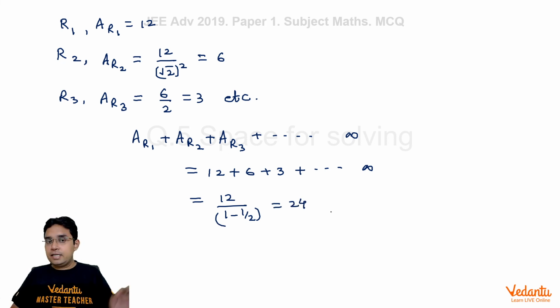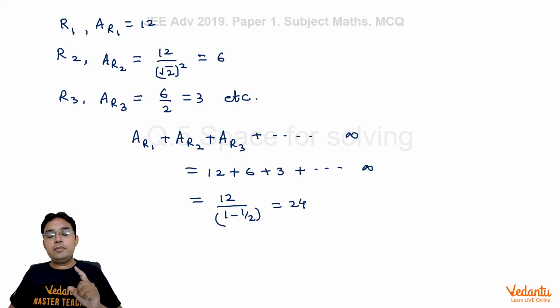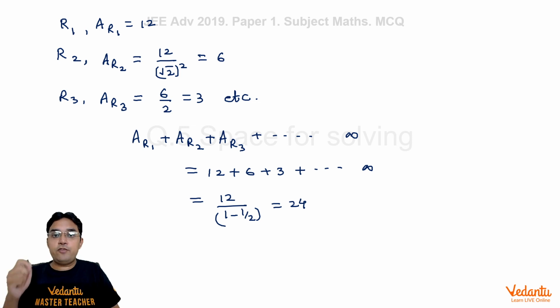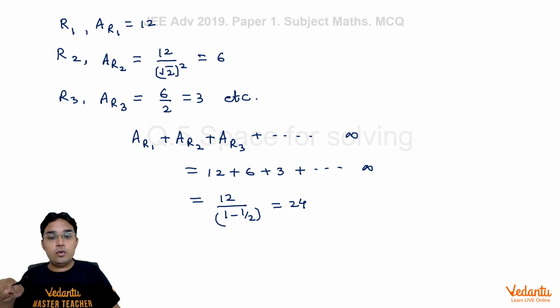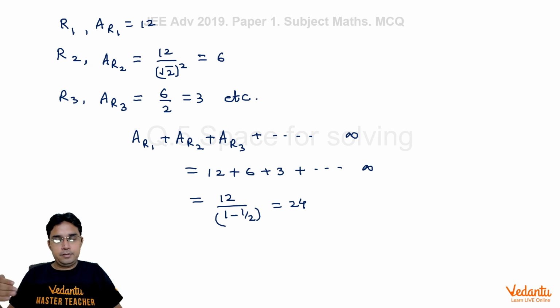Now one very interesting thing: the sum comes out to be 24 if we take all possible rectangles up to infinity. But if we take capital N to be some finite number, maybe very large but finite, even then we will not be able to reach 24, because it is a limit which accounts for all possible rectangles going up to infinity.